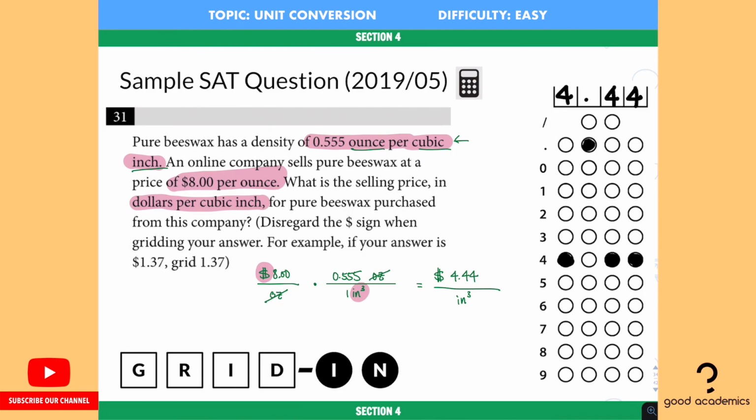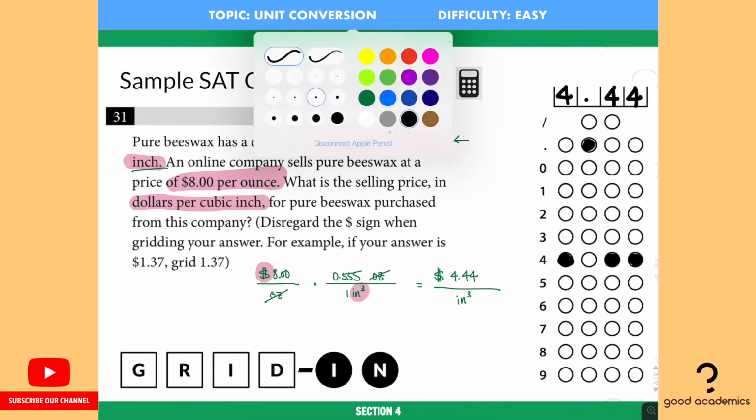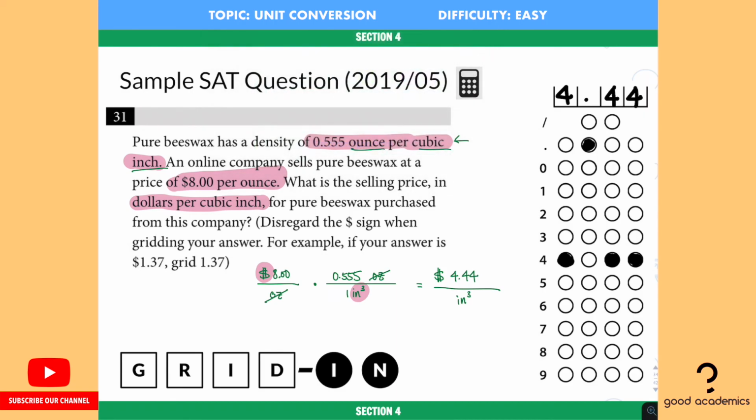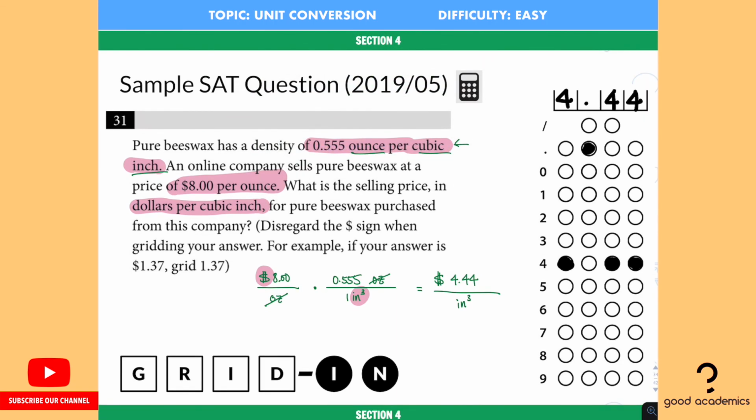Now, in case you are a little bit confused about how the ounces are being canceled out, the way they are canceled out is simply like this setting right here. If you think about 2 over 5 times 15 over 4, you would know that the 5 and 15 can simplify each other, and the 4 and the 2 can simplify each other because they're dividing.